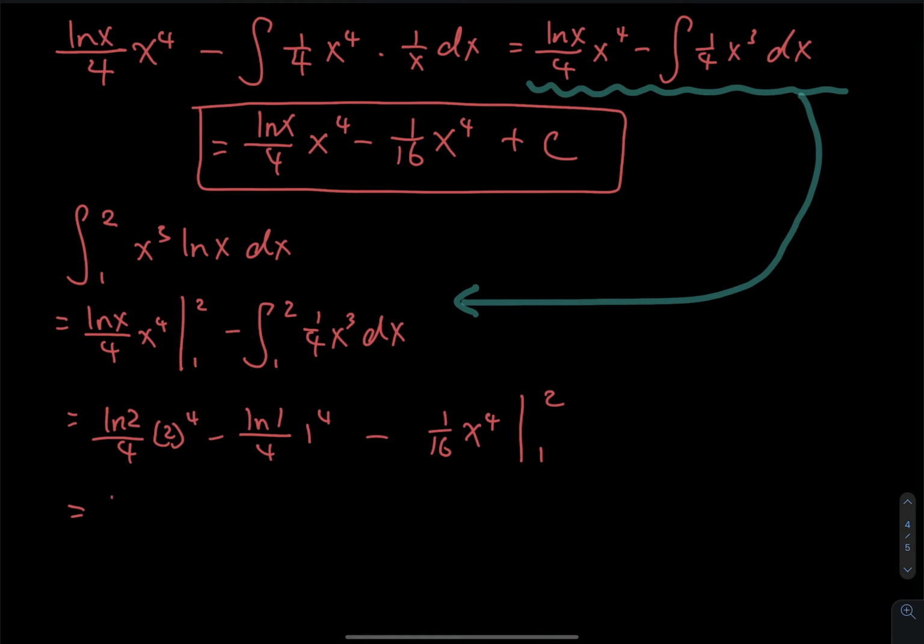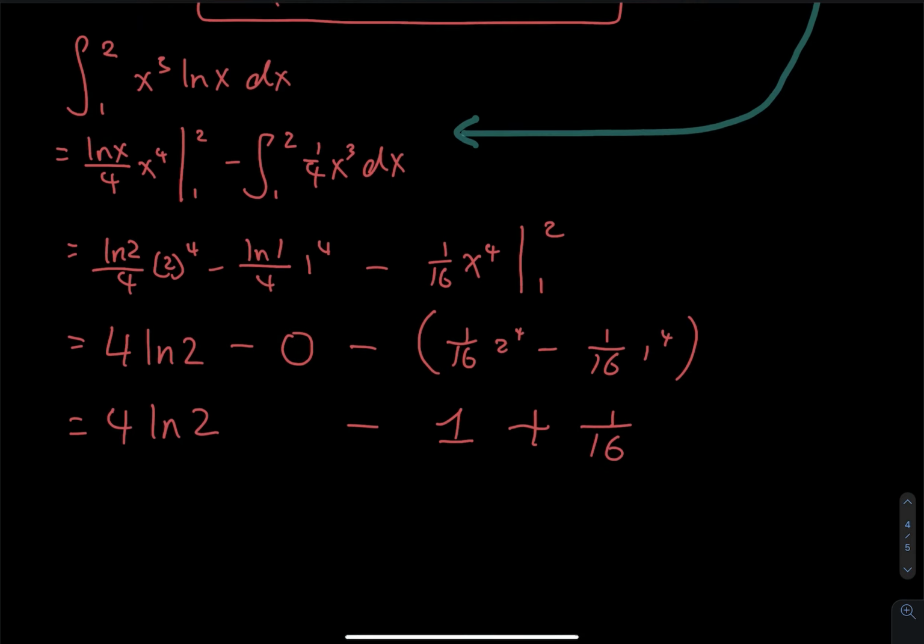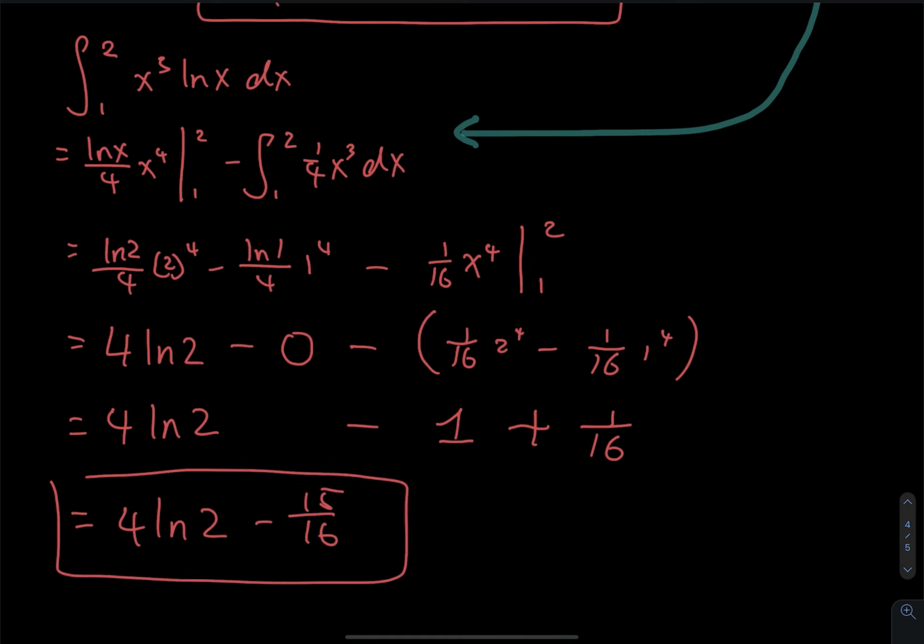So you have 4 times ln 2 minus 0, since ln 1 equals 0, and then minus 1 over 16 times 2 to the 4th minus 1 over 16 times 1 to the 4th. Then you have 4 times ln 2 minus 16 divided by 16 minus 1, and minus becomes a plus, 1 over 16. So you have 4 ln 2, and then negative 16 plus 1, so that will be negative 15 over 16. So that is for the definite integral.